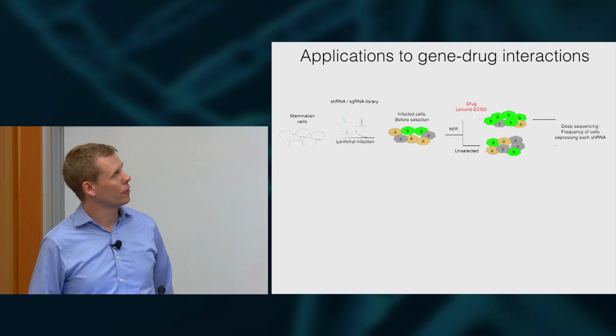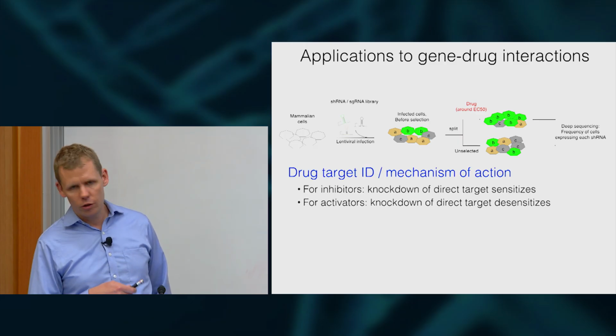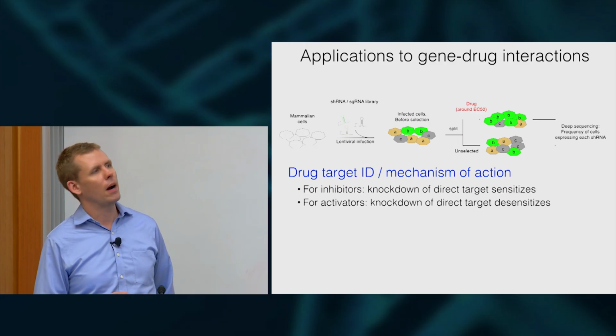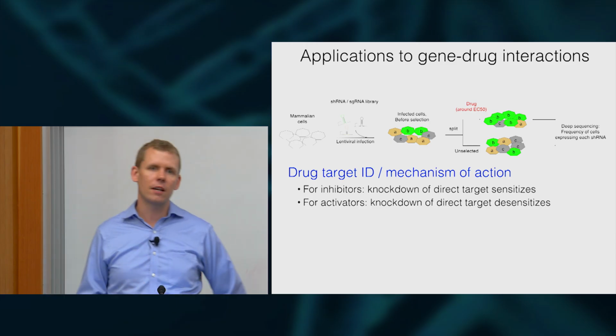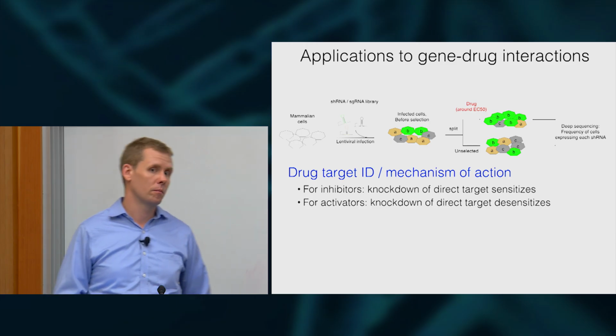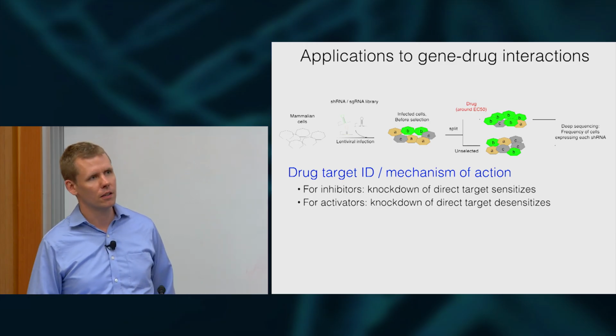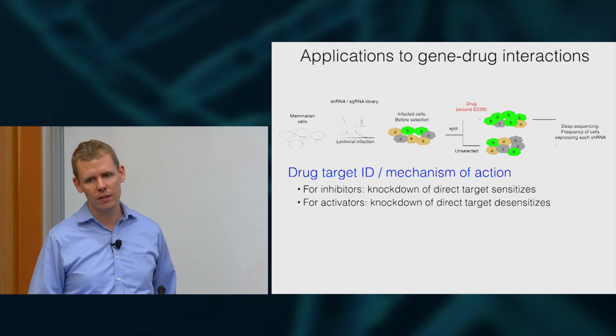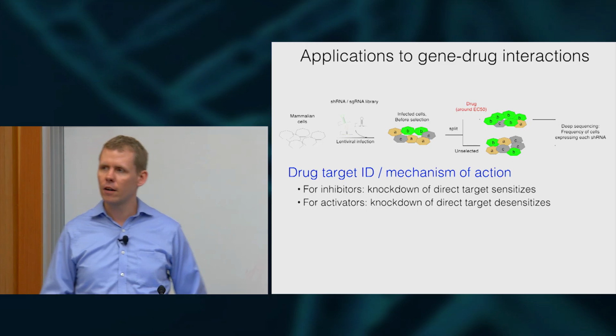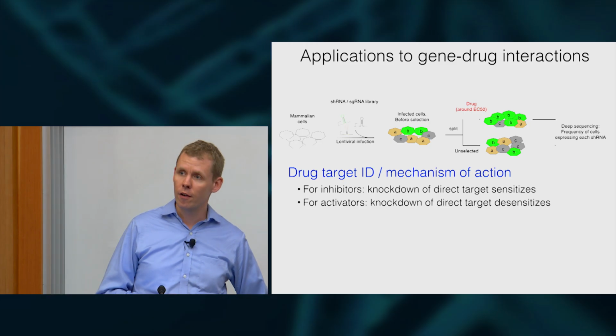But what do we get out of this? One thing, and I'll show you a few examples, that has been very powerful is to use this to identify the direct target or the mechanism of action of a drug. This is actually a big question that both academic science, but also certainly pharmaceutical industries and biotechs, are interested in. A lot of new drugs come out of phenotypic screens.